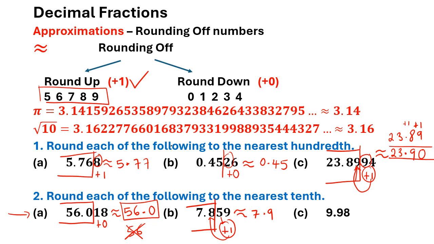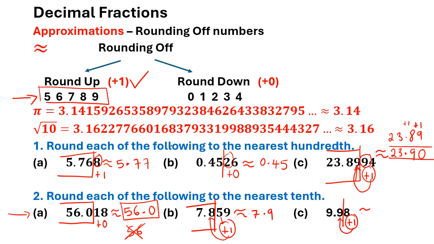Okay, finally, we have this problem right here. So we're going to cut after the tenth place, because the tenth place is just the first decimal place, which is 9. So we know here that 8 is a number that falls where we have to round it up. So we're going to round 8 up to get 1. We're going to take this 1 and add it to this 9.